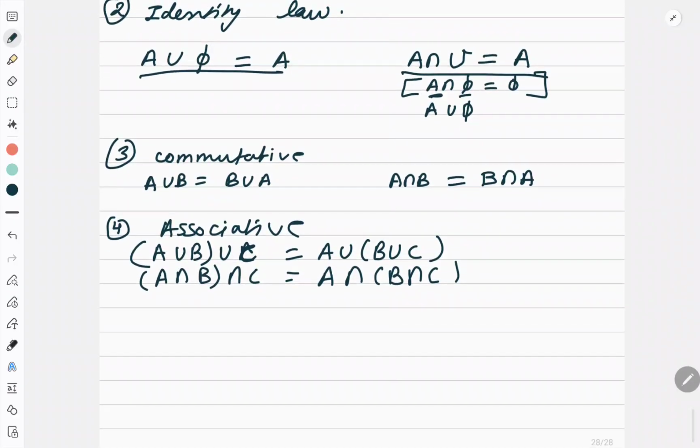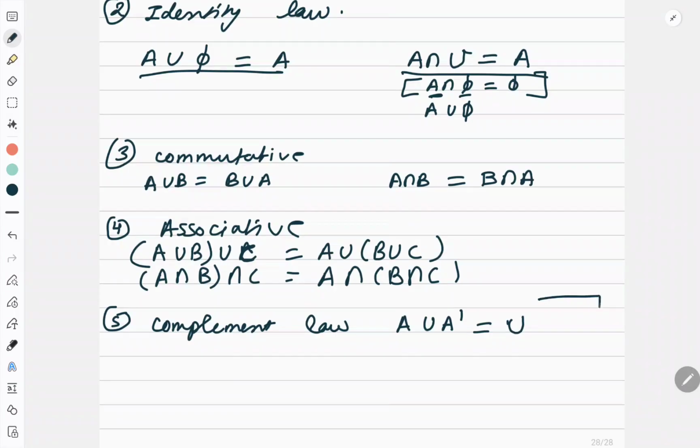Okay. Now after associative law, you have the laws which are based on the complement. What are those laws? The first law is the complement law, which says A union A complement is equal to the whole universal set.